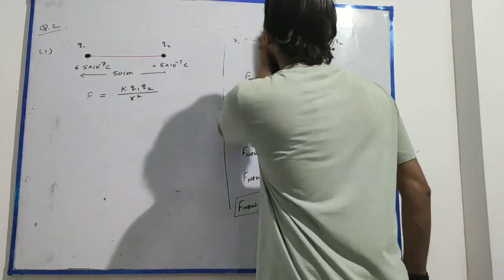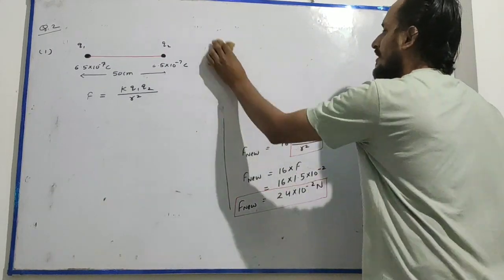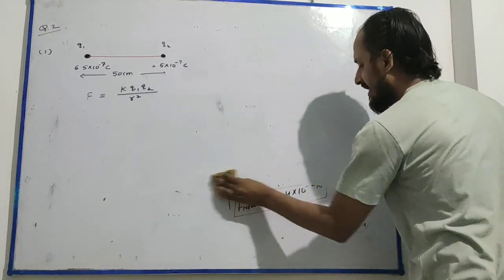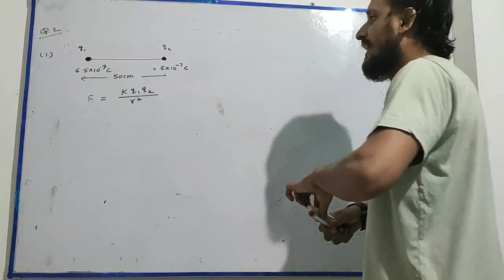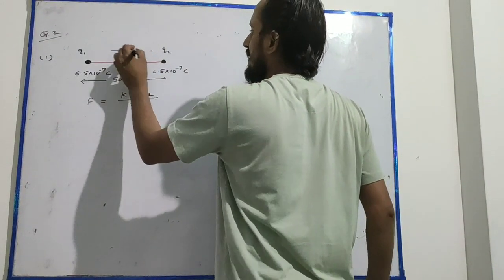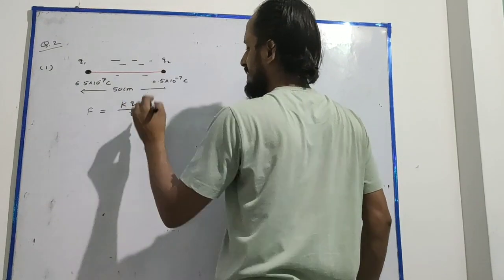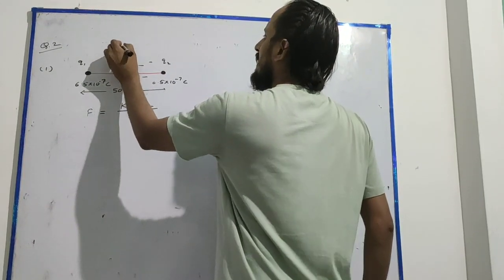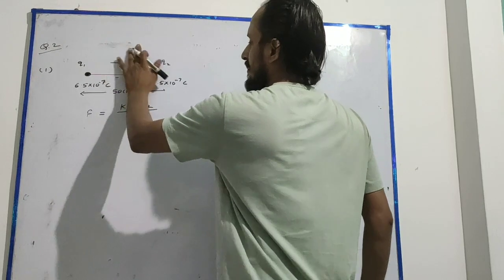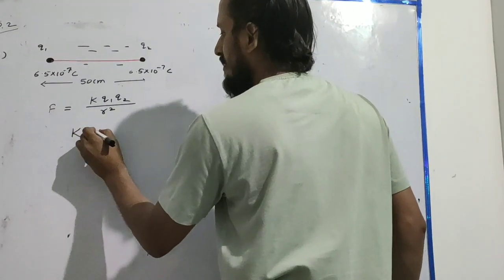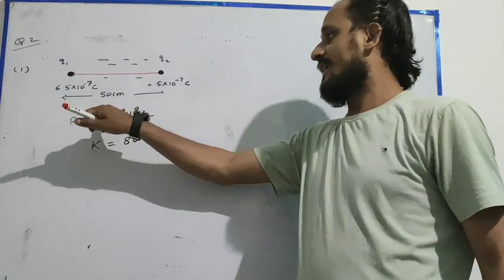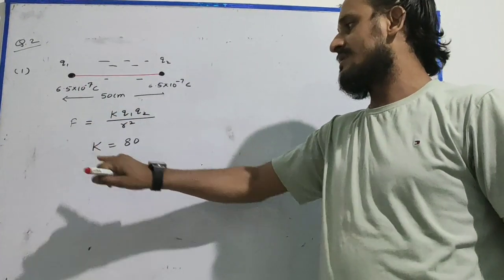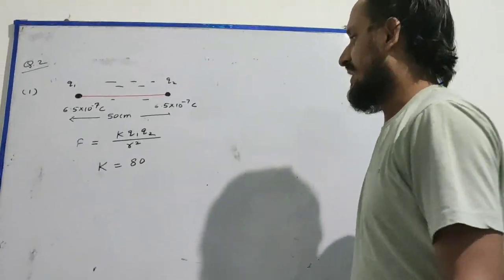If the charges are placed in water, the medium is water. K, which is the dielectric constant, is provided as 80. This K and this K are different. This is the electrostatic force constant and this is the dielectric constant.